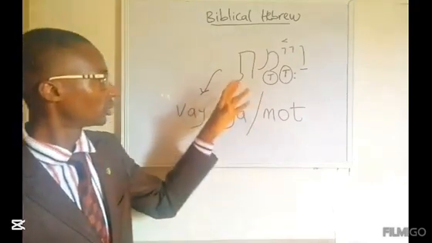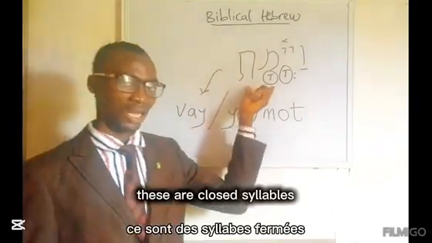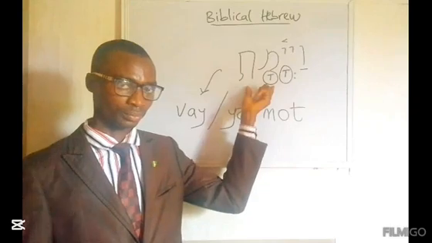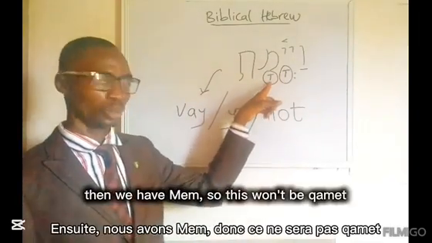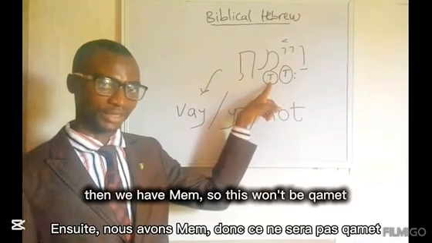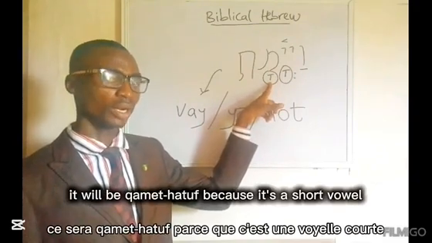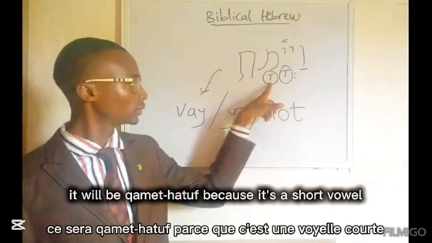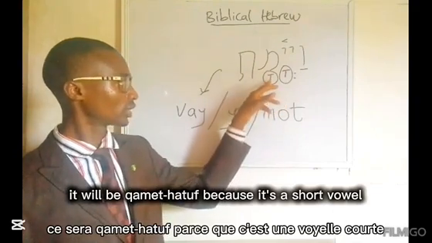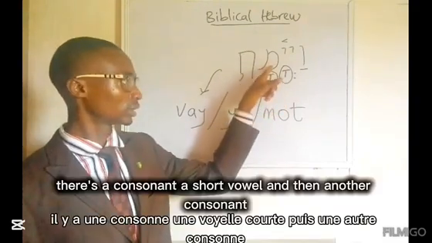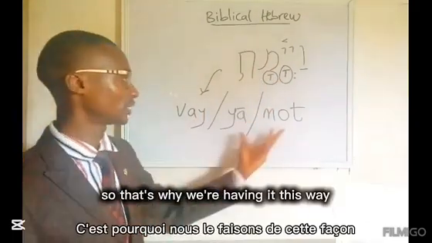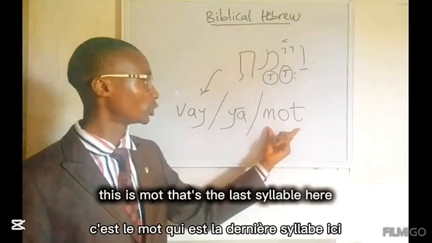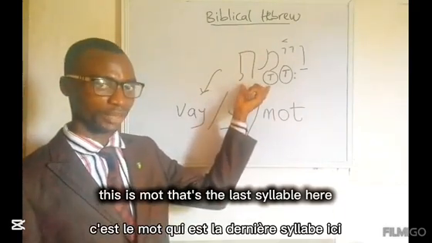Now, these are closed syllables. Then we have Mem, so this won't be Qamet, it will become Qamet-hatuf because it's a consonant, a short vowel, and then another consonant. So that's why we are having it this way. So this is Mut, and that's the last syllable here.